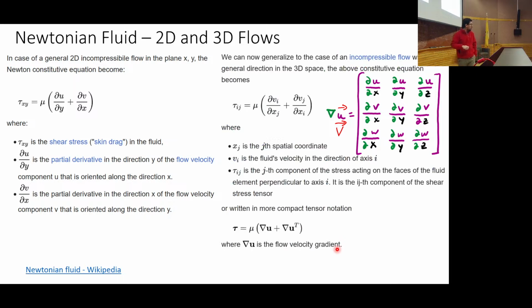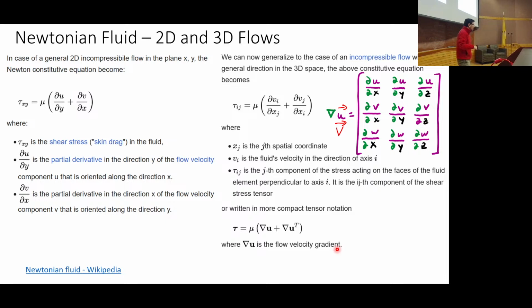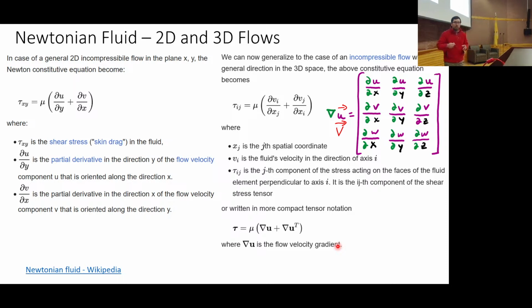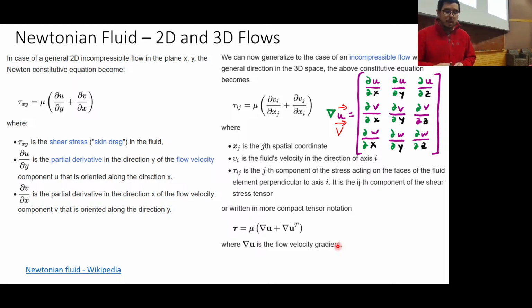And if we go to 3D now, we have this representation of two flows in two directions that are going to contribute to the shear stress in that plane. So like the XY plane, the YZ plane, the XZ plane. Okay? And we have all these partial derivatives, right?